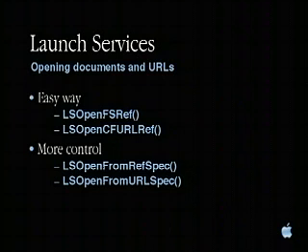If you need more control than that, there's API available that allows you to do things such as launch more than one document at a time. I have an array of documents and I want to open them all. And by the way, I also want to open them in a specific application, not the default application, but one I know I want, so I'm going to specify that.